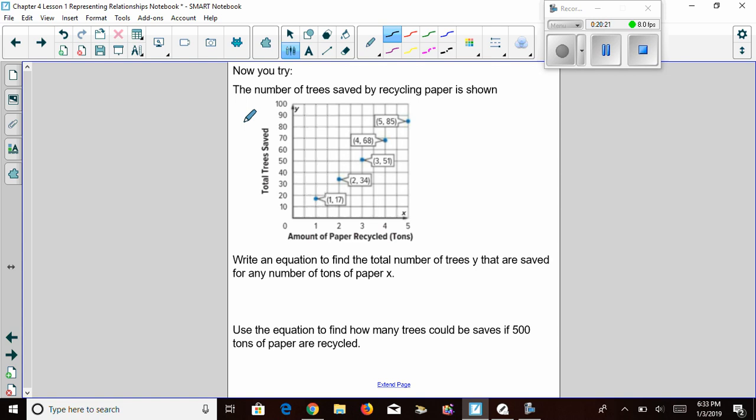Next, you will use the equation to find how many trees could be saved if 500 tons of paper are recycled. Now, I do realize my error in spelling, but you understand what I'm asking. At this point, pause the video and work this out on your own. Then you may start the video back up and see what the solution looks like.